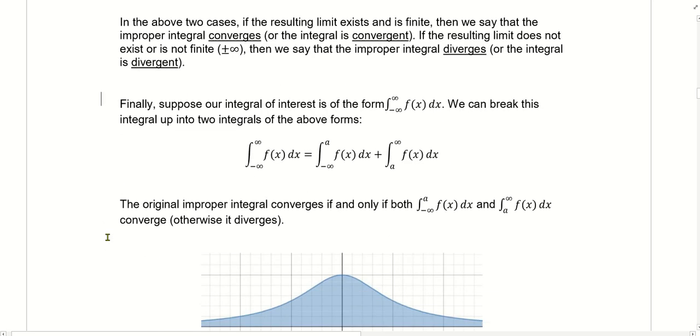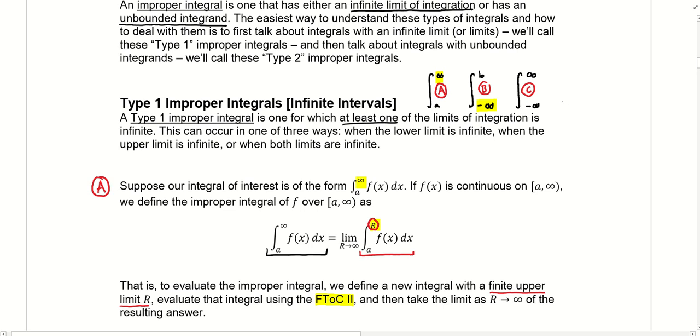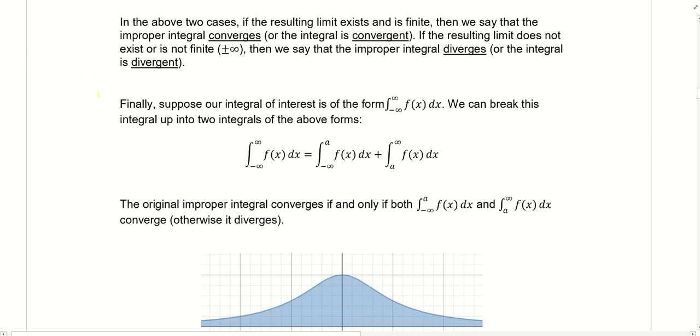So there's one other case that we can deal with here with these limits of integration that can be infinite, and that's our version C, where both of our limits of integration are infinite. So last version here, suppose our integral of interest is of the form the integral of f of x, where both of our limits of integration are infinite.